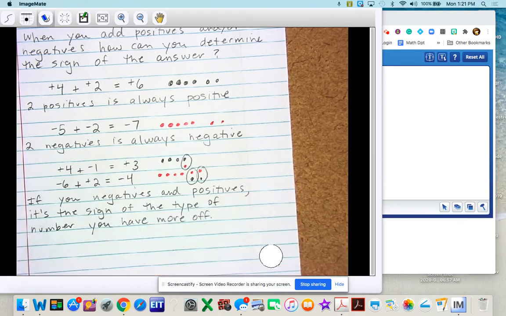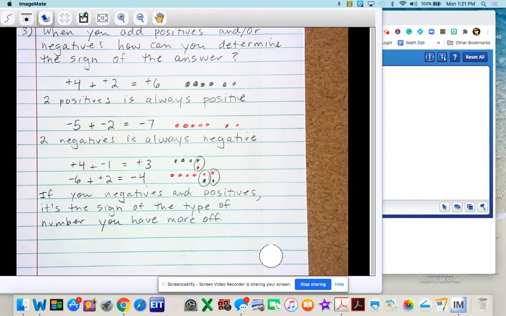So then you should just be able to say, if I had -100 plus 10, is it going to be positive or negative? It's going to be negative because I've got more negatives with -100. If I had 32 plus -2, it'd be positive because I've got more positives than I do negatives. So that was that big idea.